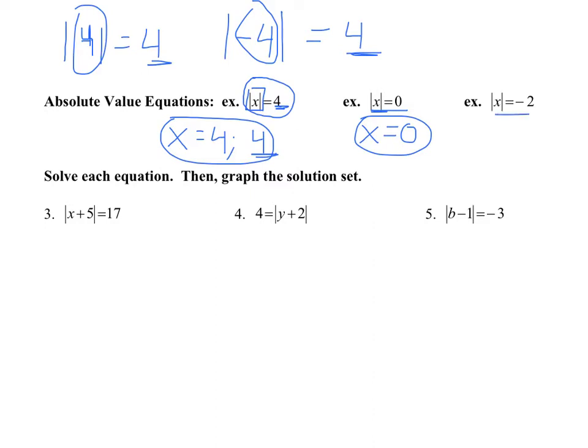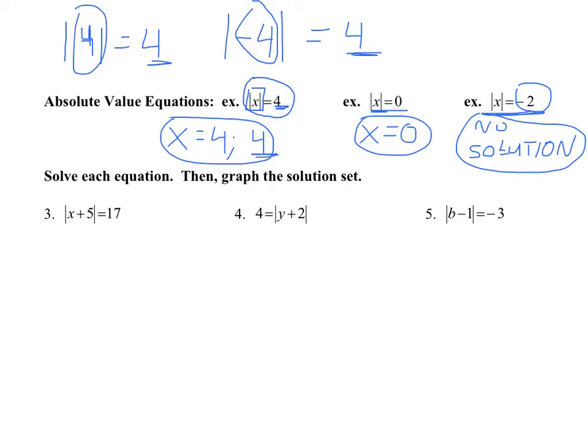Now this next case, if it's equal to a negative, we get no solution. This doesn't make any sense. Remember, if you take the absolute value of a number, it will never equal a negative. So if you have an absolute value by itself and it equals a negative, you get no solution. These are the 3 different types: we could get 2 solutions, 1 solution, or no solution.